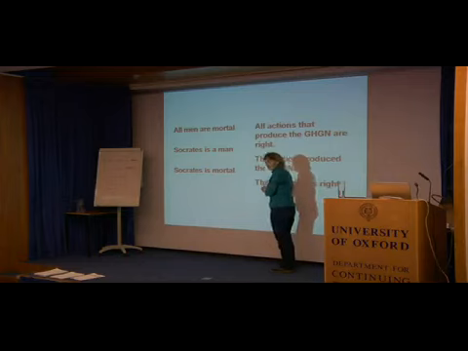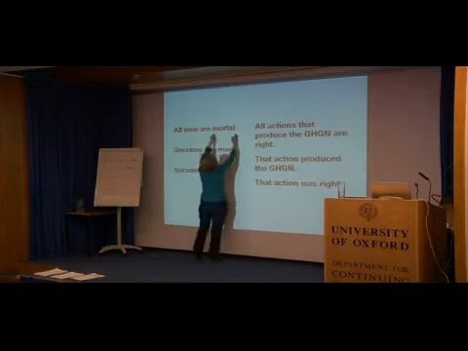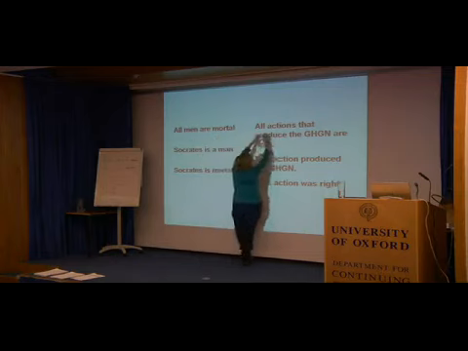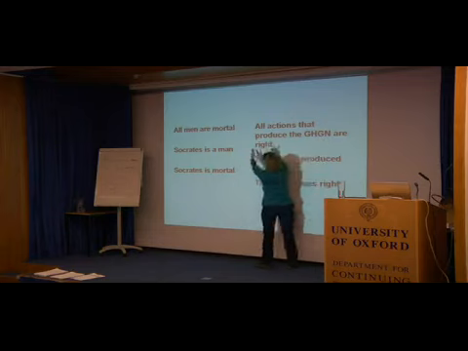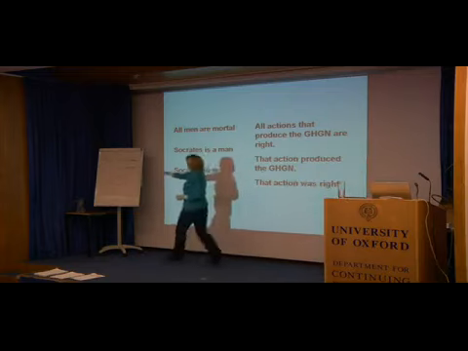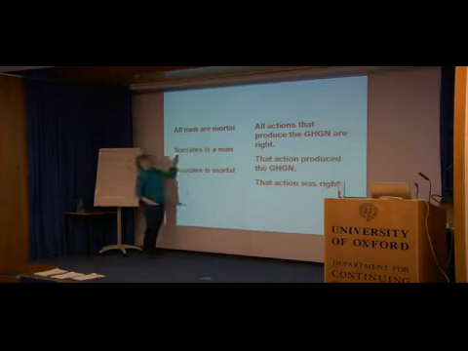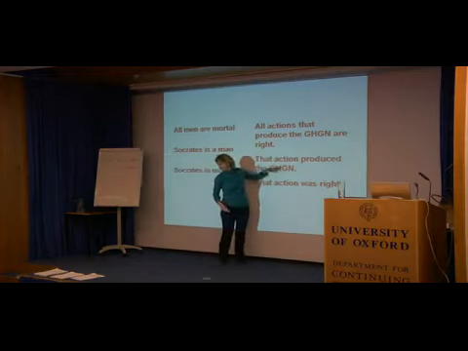You with me? So all A's, all men, are B's, mortal. All A's, actions that produce the greatest happiness, the greatest number, are right. And then the next one, that action produced the greatest happiness, the greatest number. You've got Socrates here as a particular thing, just as that action is a particular thing.